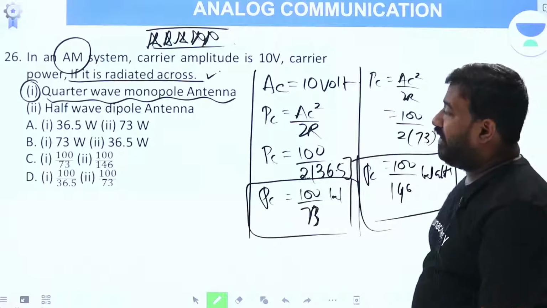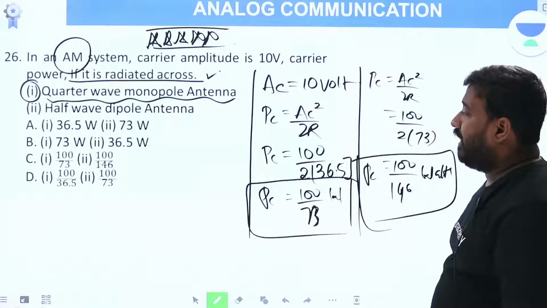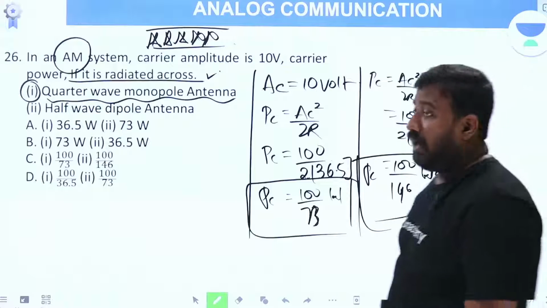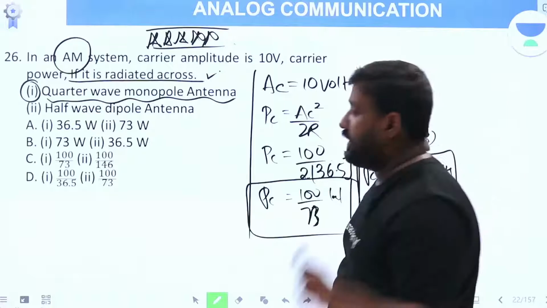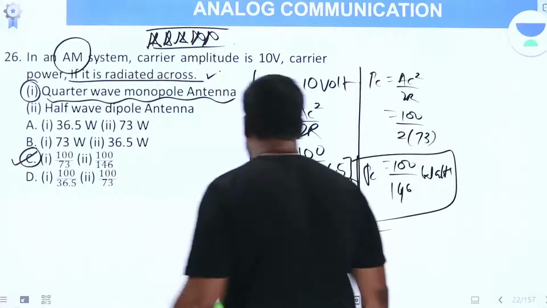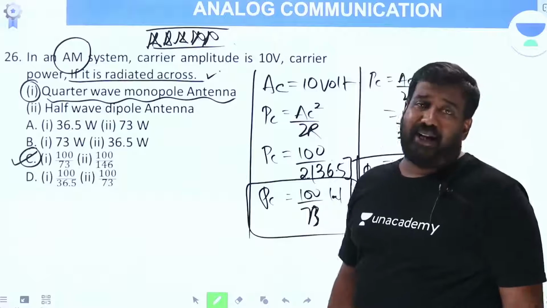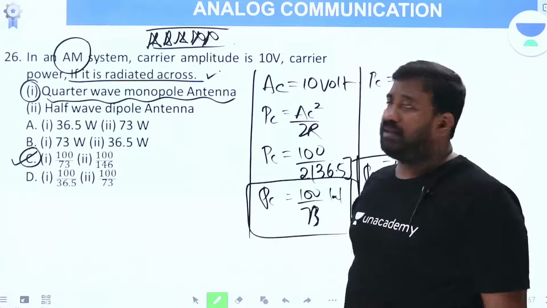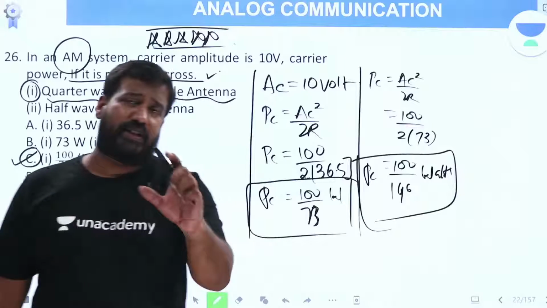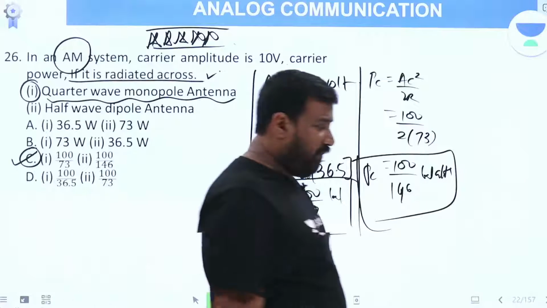So the answers are 100 by 73 and 100 by 146. Option C is the answer. Clear? These are very, very important questions.